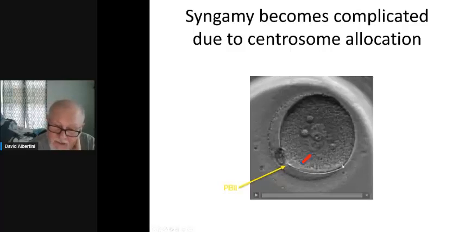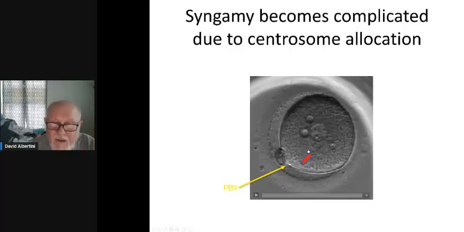Now, important to this end is you can see that this is the first polar body here. Here's the second polar body, okay? And that as the pronuclear approximation occurs, what many people have reported is a clearance of the cytoplasm away from the membrane of the zygote.